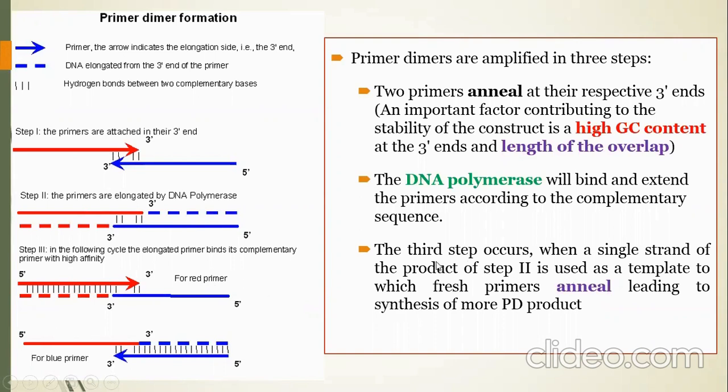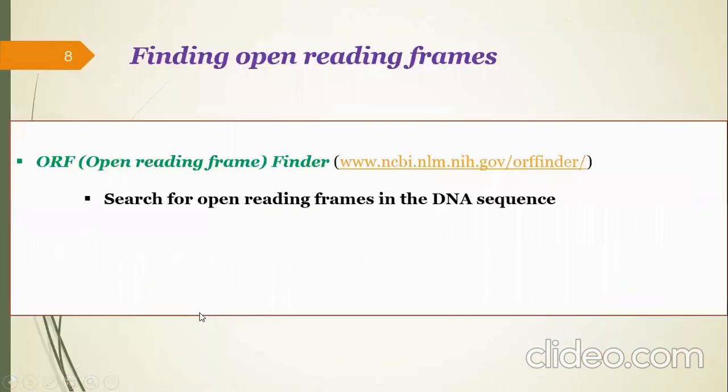The third step occurs when a single strand of the product of step 2 is used as a template to which the fresh primer anneals, leading to the synthesis of more primer dimers, and that's it.